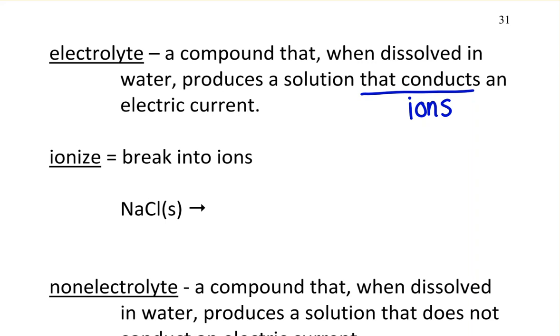Compounds sometimes ionize when you put them in water. Sodium chloride, table salt, is one that does. It breaks apart into ions. Let's put water there. Those ions allow it to conduct an electric current. So we would say that sodium chloride is an electrolyte, or we would call these electrolytes.